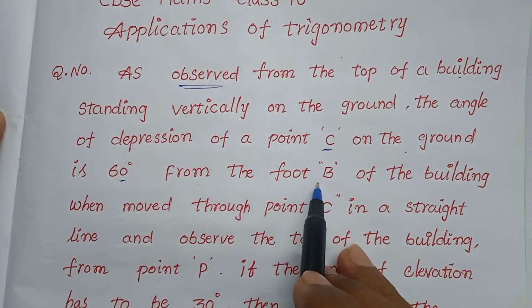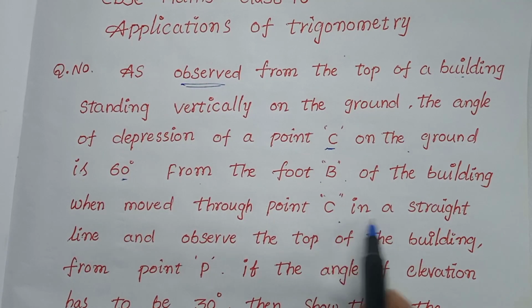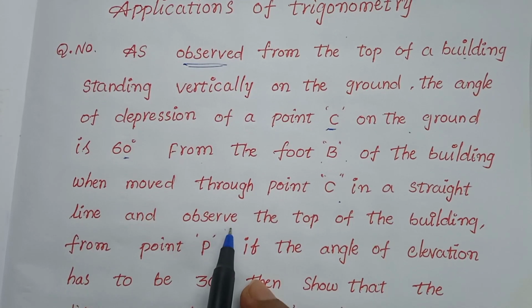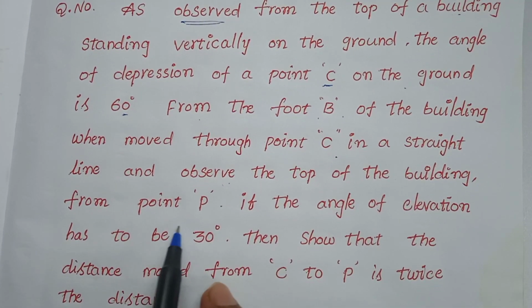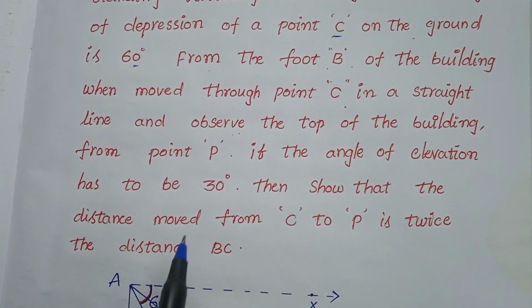From the foot B of the building, when moved through point C in a straight line to point P, the angle of elevation of the top of the building is 30 degrees.